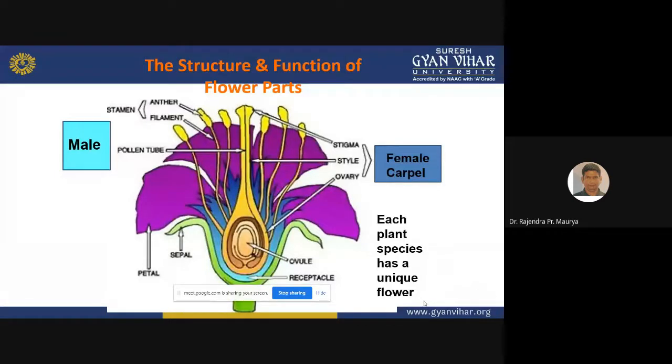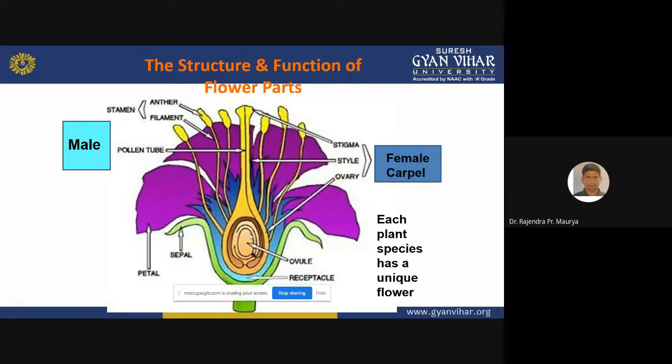You have to see in the center, this one. This one is the stigma. And from here to here, this is the style. And in the center, the part shown is the ovary. So these three parts are the stigma, style, and ovary.